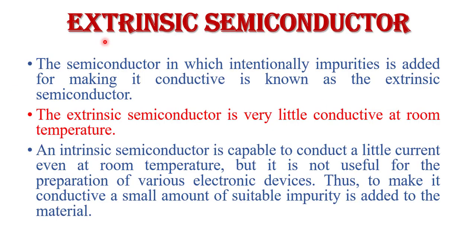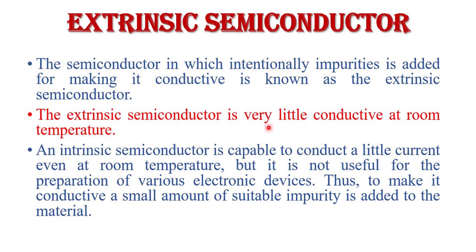So first, extrinsic semiconductor. The semiconductor in which impurity is intentionally added for making it conductive is known as extrinsic semiconductor. Or we can say that to increase the conductivity of the semiconductor material, we add some impurity in pure semiconductor, and that is called extrinsic semiconductor.